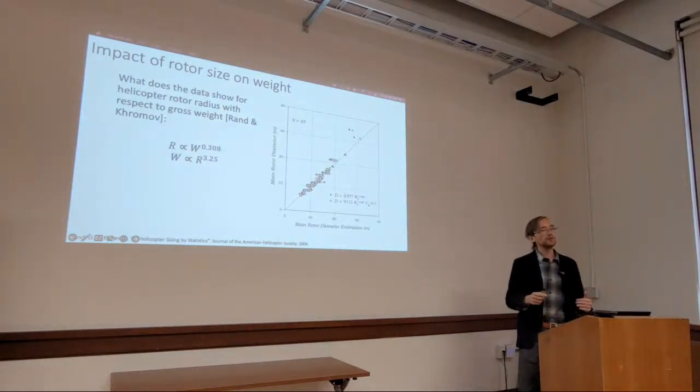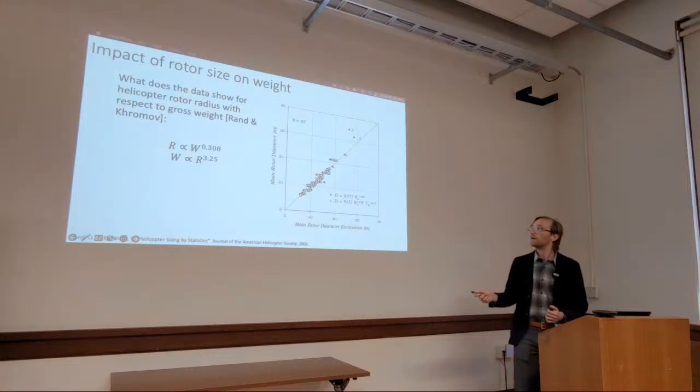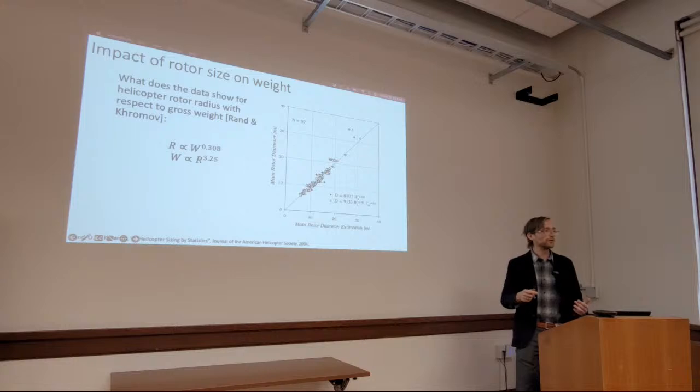So if we look at the weight as a dependency of the radius, it is something between r to the power of 3 and r to the power of 5, closer to r to the power of 3.